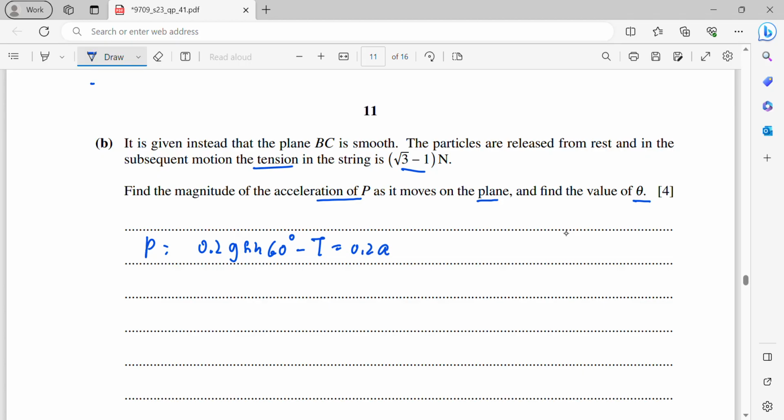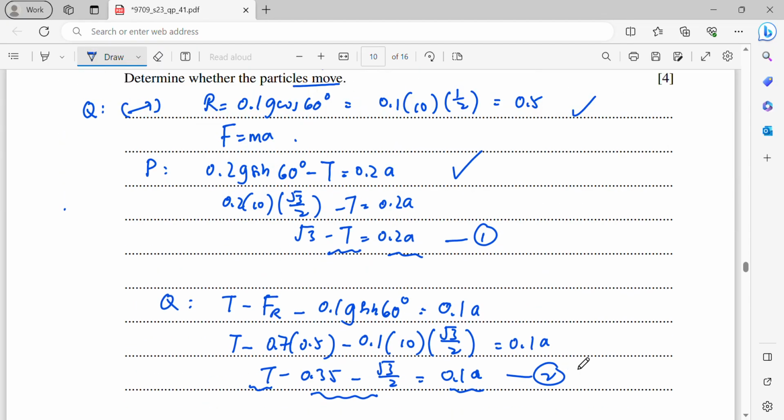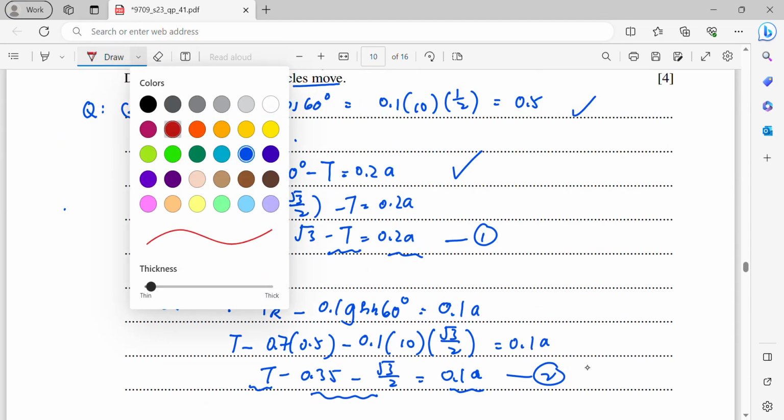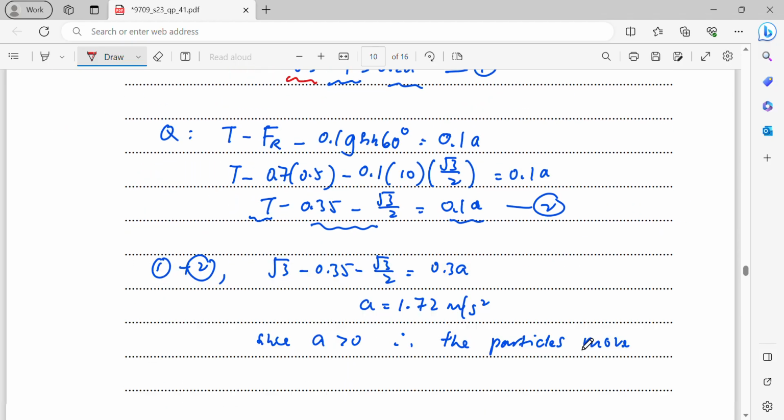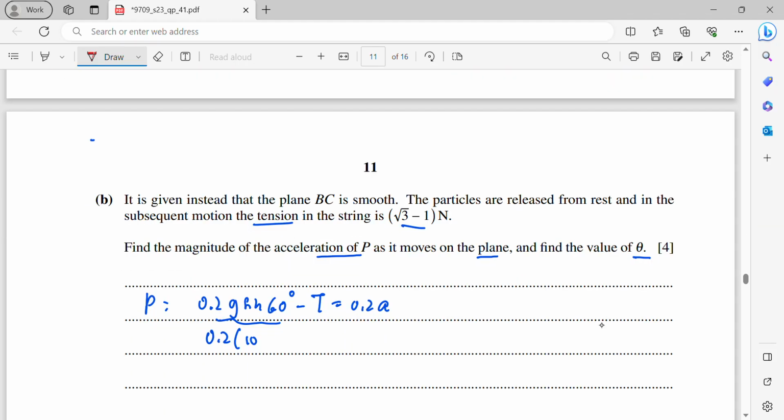The T is given, so replace the T. The whole value 0.2 G sine 60 is square root 3, so I don't need to rewrite it.